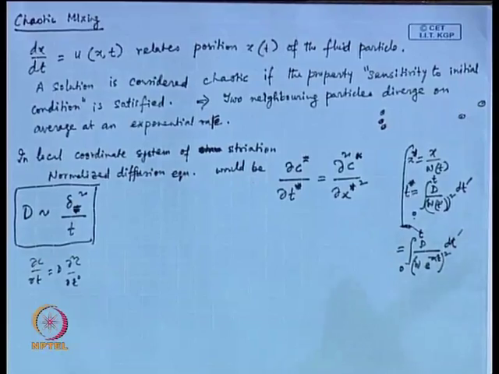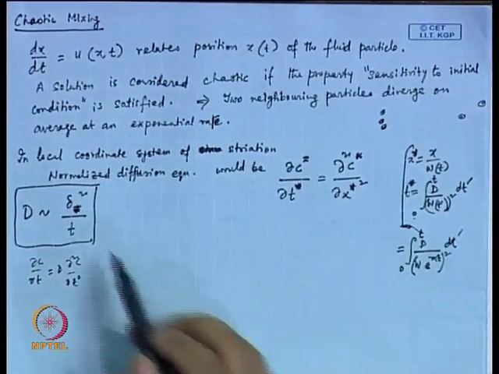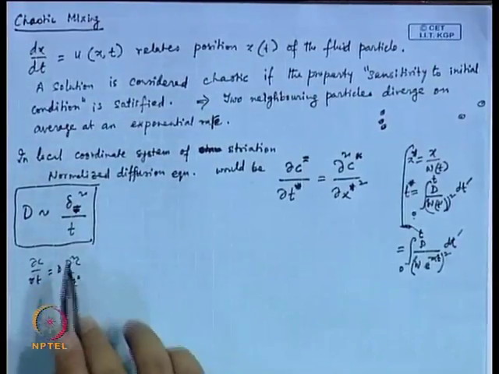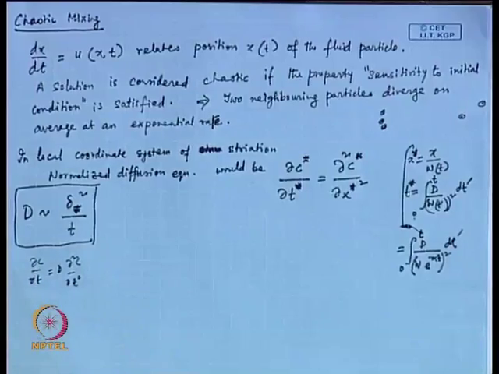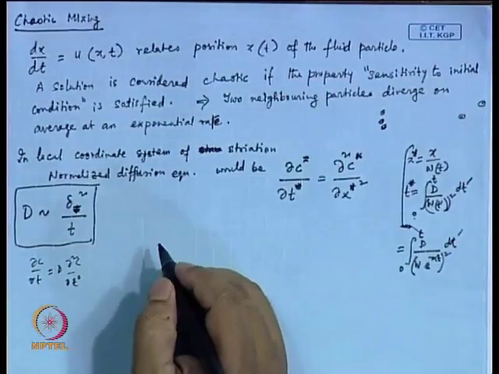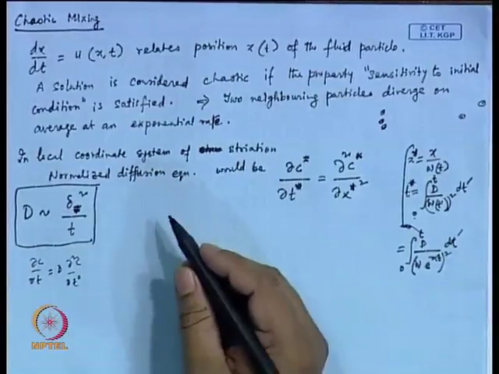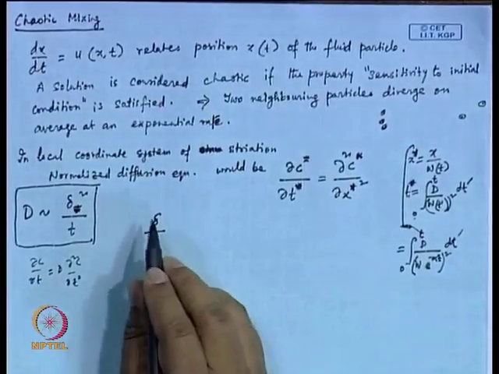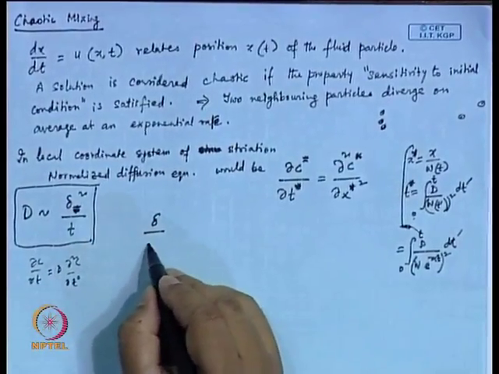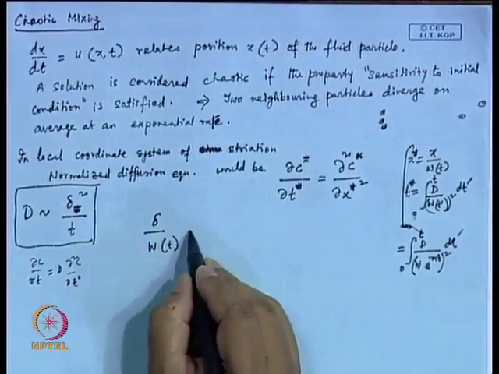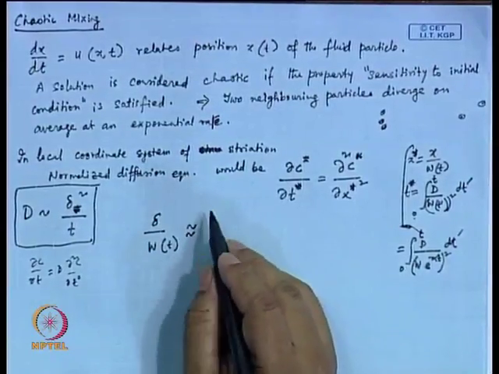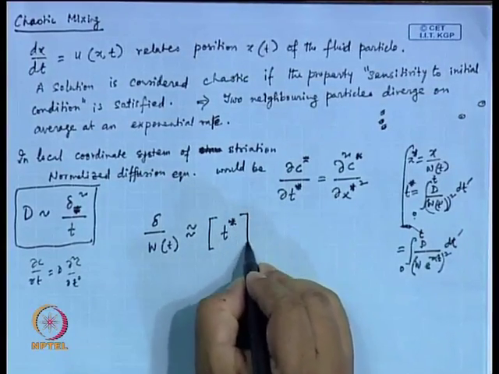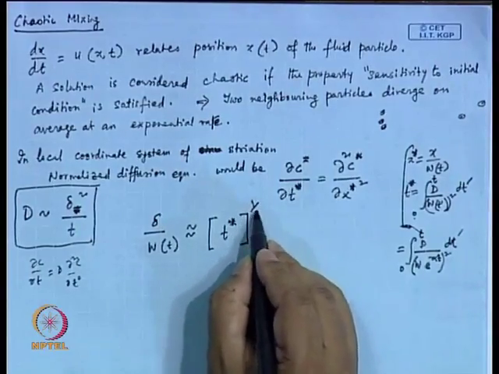So, for some quick estimate this could be handy, but it is definitely not a mathematically rigorous method. Now, D scales as delta square by t. So, what you can write here is that delta by W t is of similar order to t star to the power half.